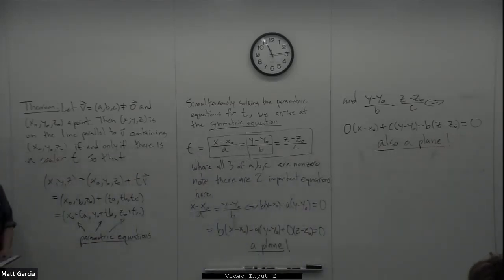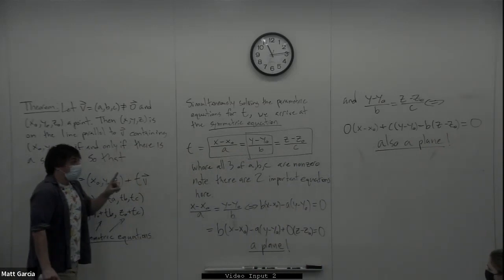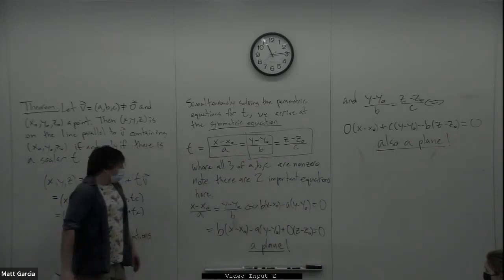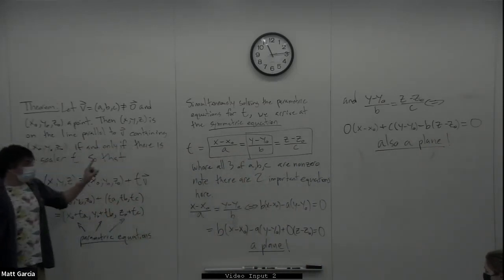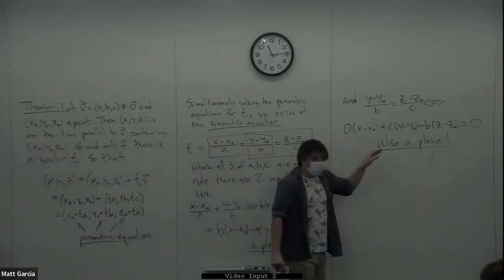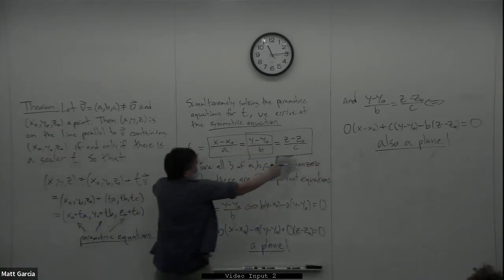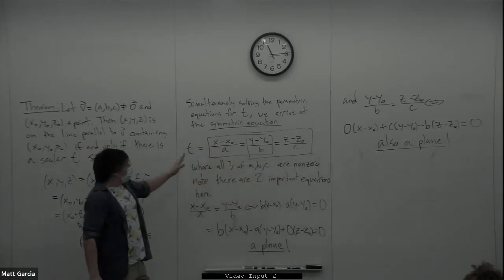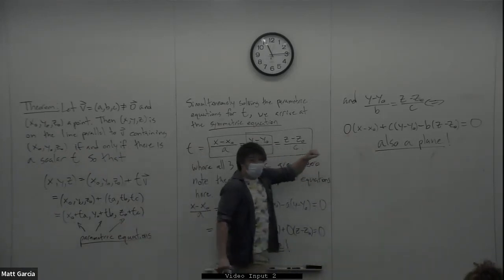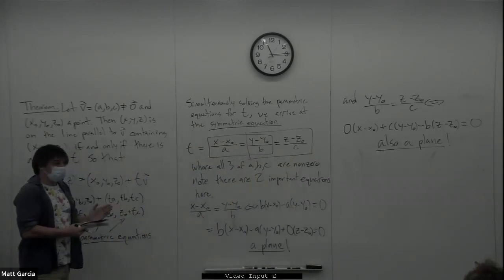So the symmetric equation is actually the equation of two planes in disguise. And because we're setting all three of these quantities to be equal, the line that we're specifying by a symmetric equation is where this plane and this plane intersect. Okay? That's the consequence of having all three of these be equal. We want the points that satisfy the symmetric equation to lie on both this plane and this plane. So we have two planes that intersect in a line. That's what the symmetric equation gives you.